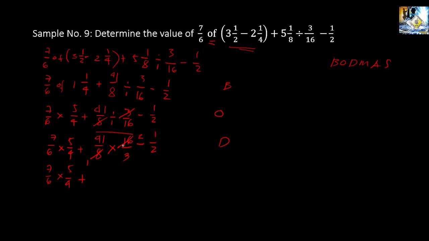Then we multiply the fraction. We have 41 times 2, that is 82. Then the same, 3 minus 1 half.